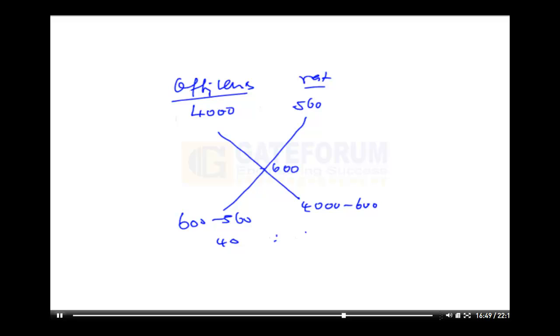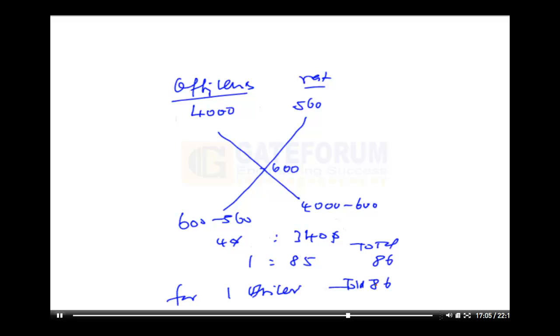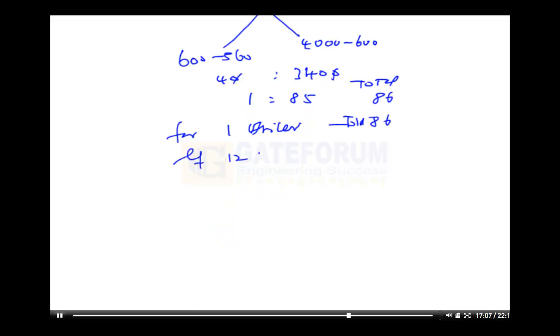We get 40 is to 3,400, which will be 1:85. Total parts 86. So there is one officer, the total employees will be 86, and there are 12 officers, then total number of employees will be how many? 12 into 86, 1032.